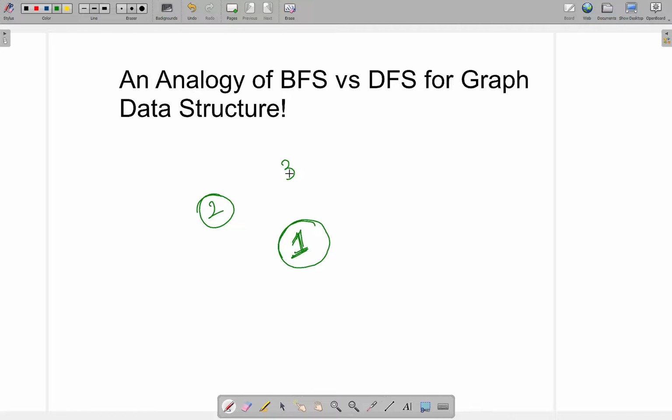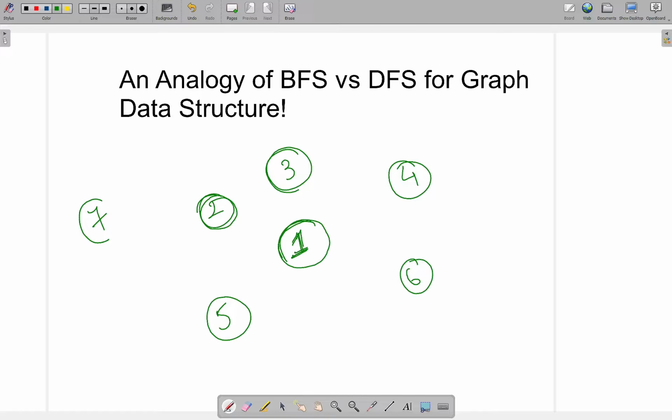So suppose this is city 1, then there are neighboring cities, that is city 2, city 3, city 4. Then you have city 5, 6, then you have city 7 that is not connected to city 1 directly, but if you go via 2 or maybe via 3, you can reach city 7.